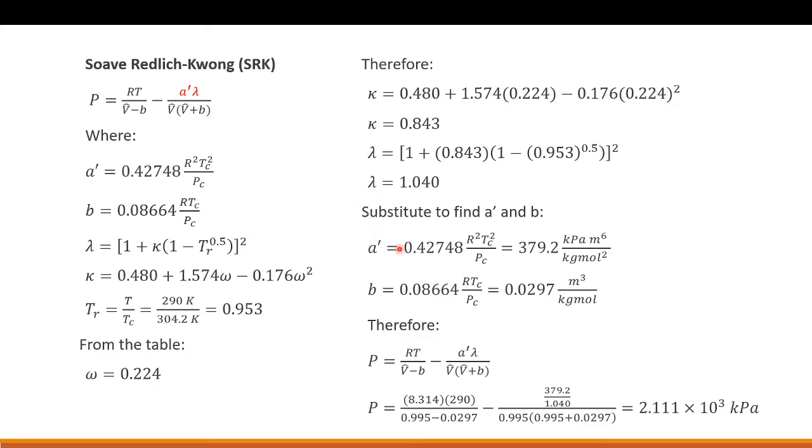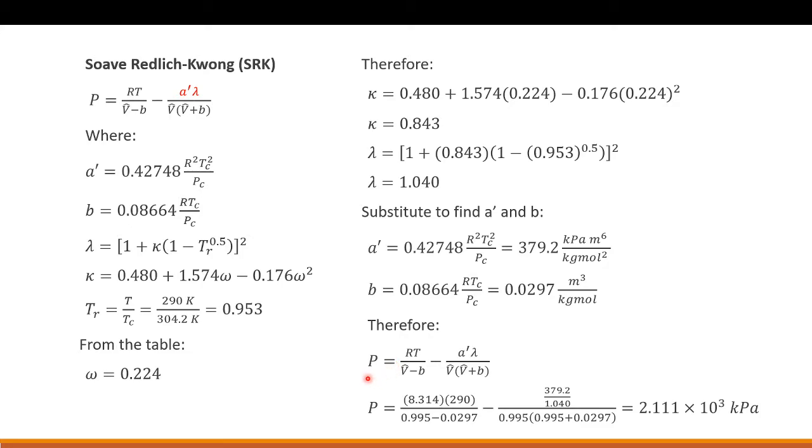Substitute this one in to find A prime, and B we have already found. There's no change. But notice that the value for A prime is much different compared with the Redlich-Kwong one.